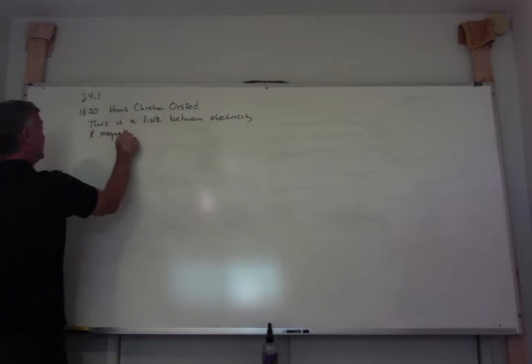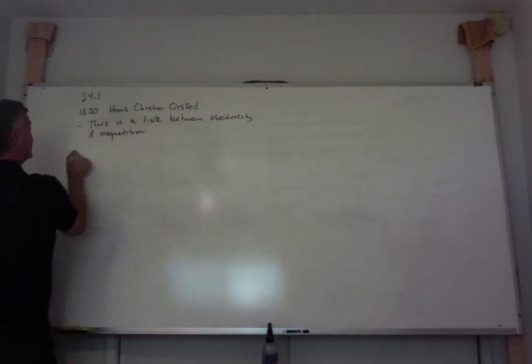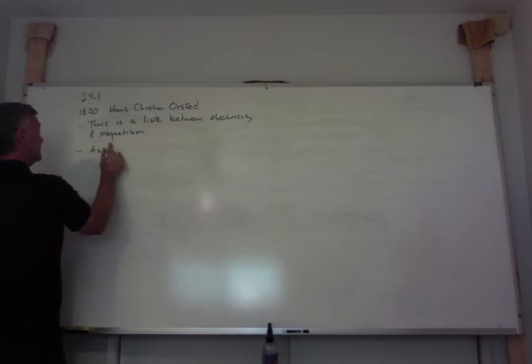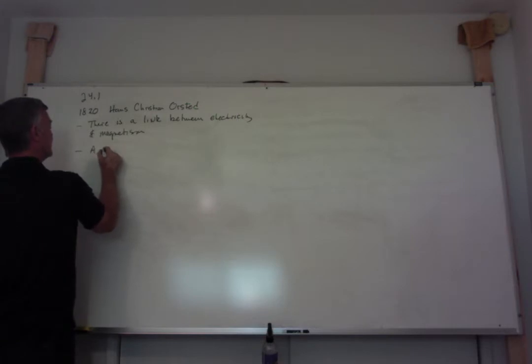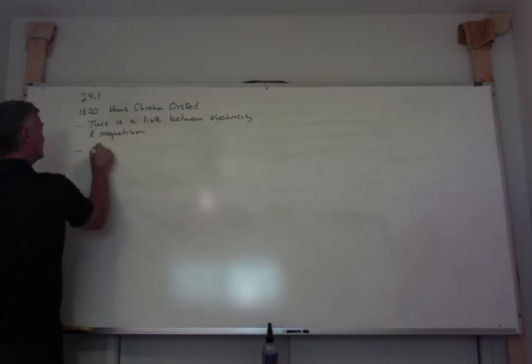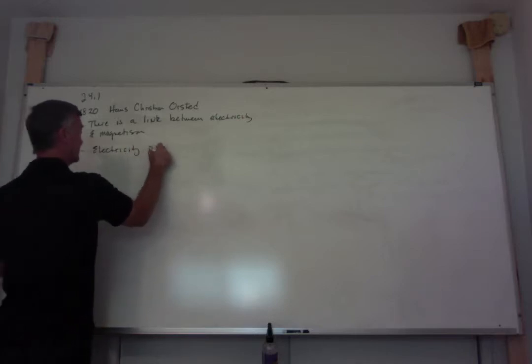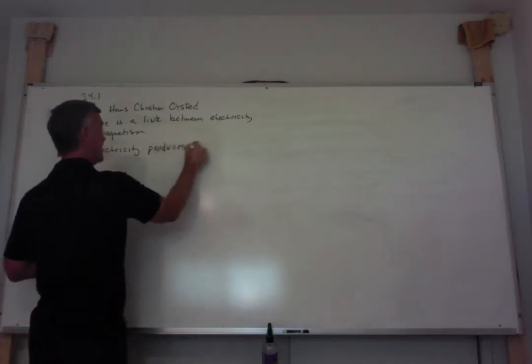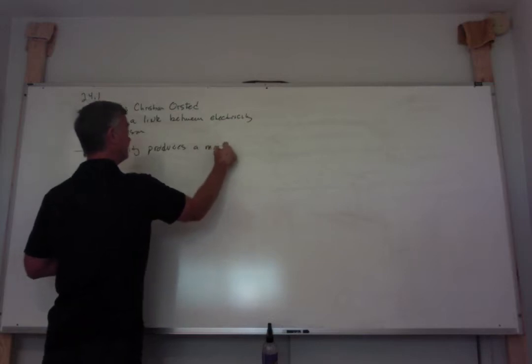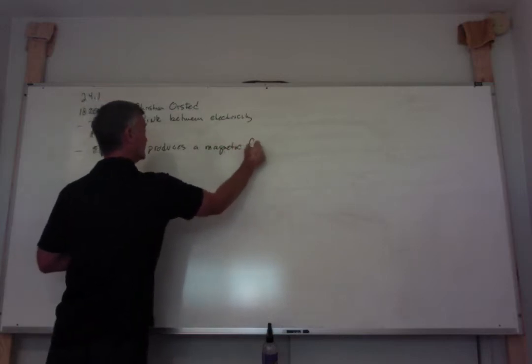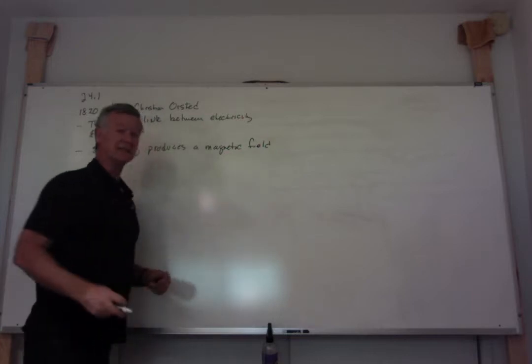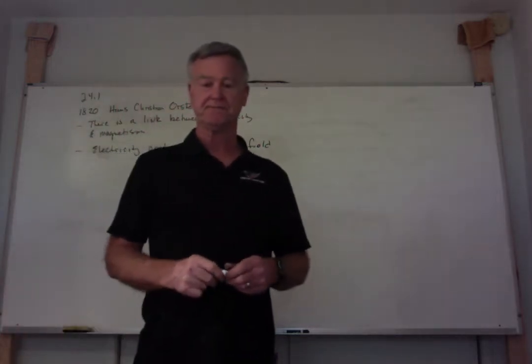Basically, electricity produces a magnetic field, because what would cause the magnet to move would be a magnetic field.